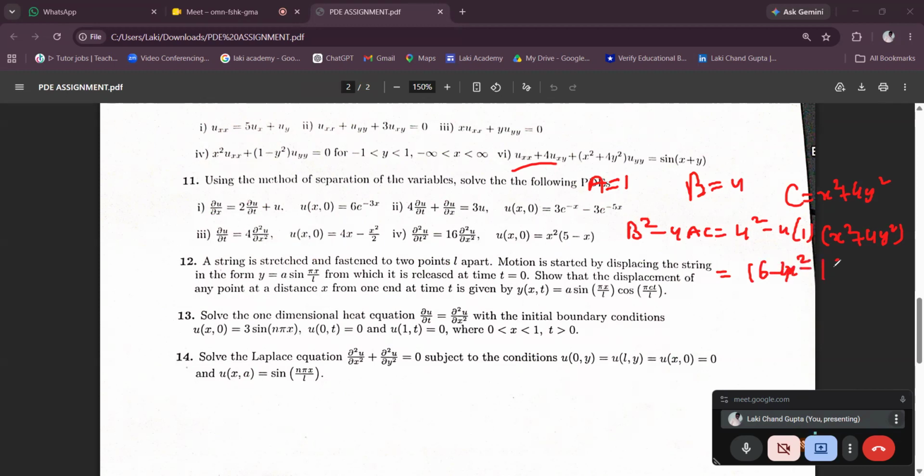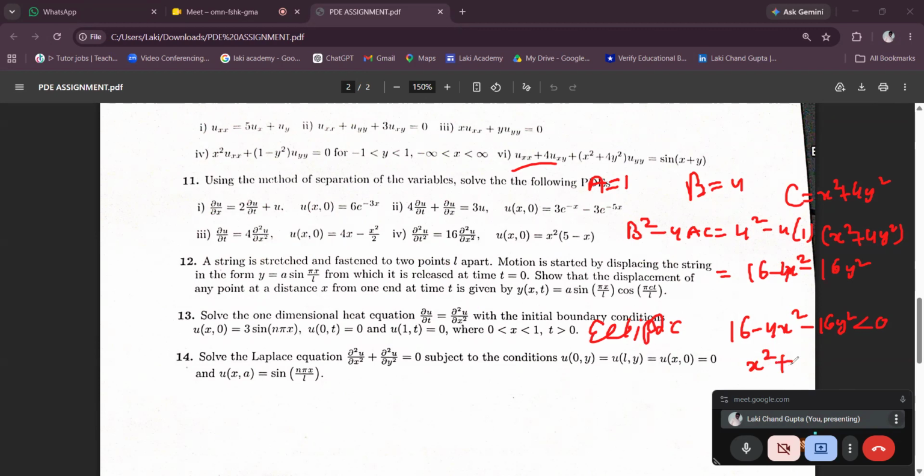Four x square minus x minus. But you cannot decide it is positive or negative. Right? Yes. So it is elliptical when 16 minus 4x square minus 16y square is less than 0.